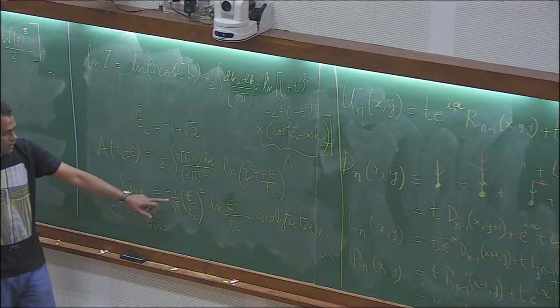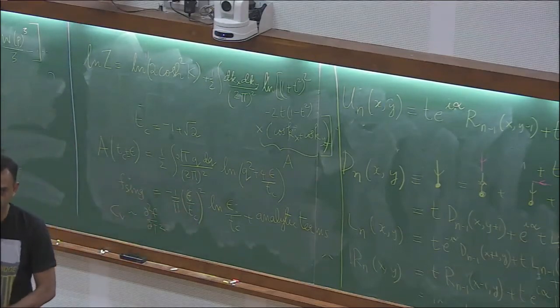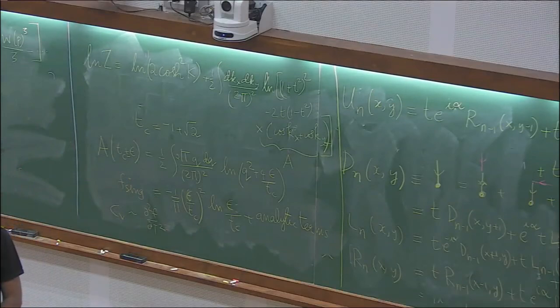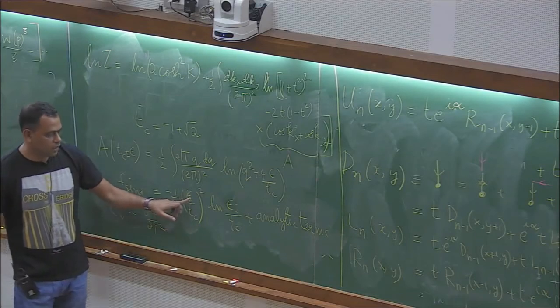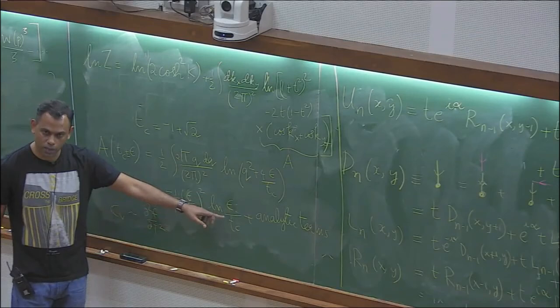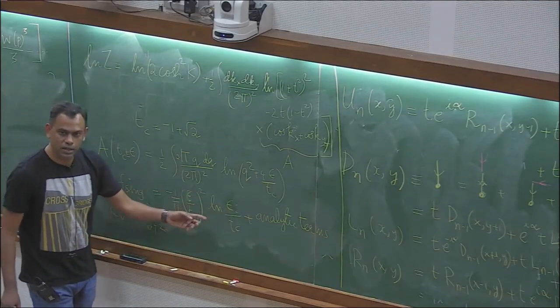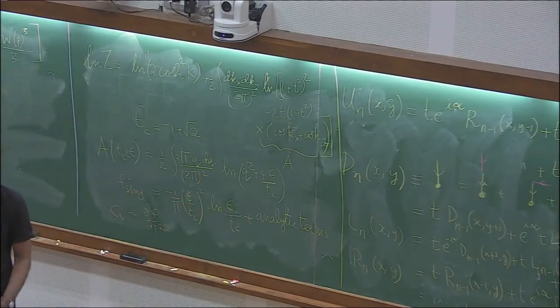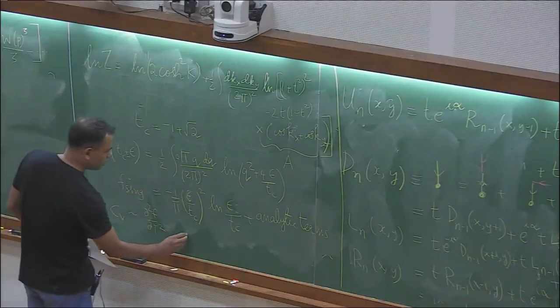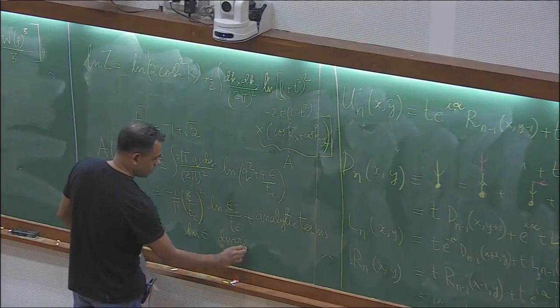So I have a function which is epsilon square log epsilon. When I differentiate twice, what is my singular behavior I get? If I differentiate once, you get epsilon log epsilon plus epsilon square by epsilon, that's epsilon. When you differentiate twice, you get log epsilon plus some epsilon to the power 0. So if I differentiate twice, you get log epsilon, divergence as epsilon goes to 0.